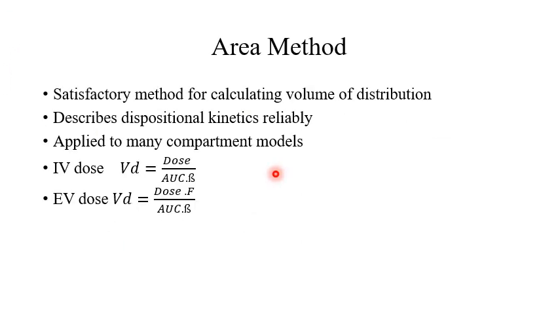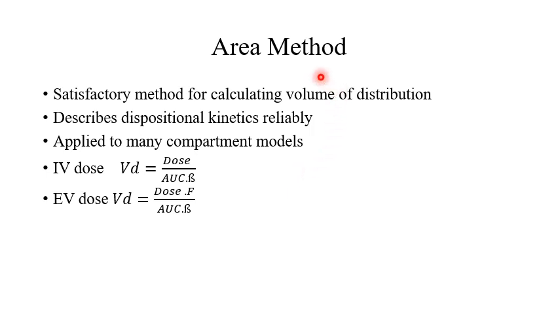So we have discussed the extrapolation method for the calculation of volume of distribution. There are some discrepancies in this method. It basically neglects the distribution phase of drug disposition, and it is often suitable for calculating the volume of distribution of drugs that behave according to first order kinetics. For a drug that follows a two compartment open model, the extrapolation method gives an overestimated volume of distribution value.